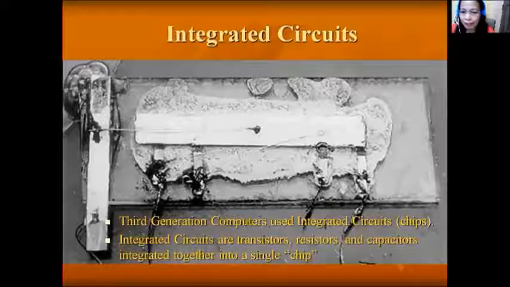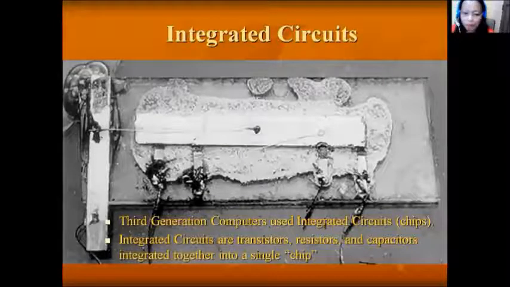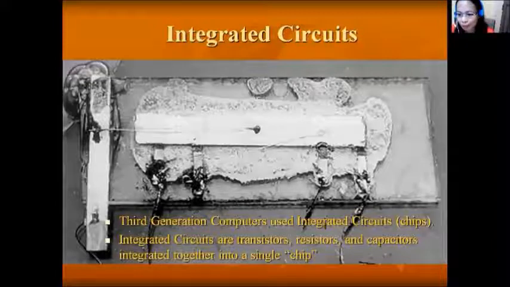Next, integrated circuits or IC. The third generation computers use the IC chips. ICs, integrated circuits, are transistors, resistors, and capacitors integrated together into a single chip. So from transistor into integrated circuit.